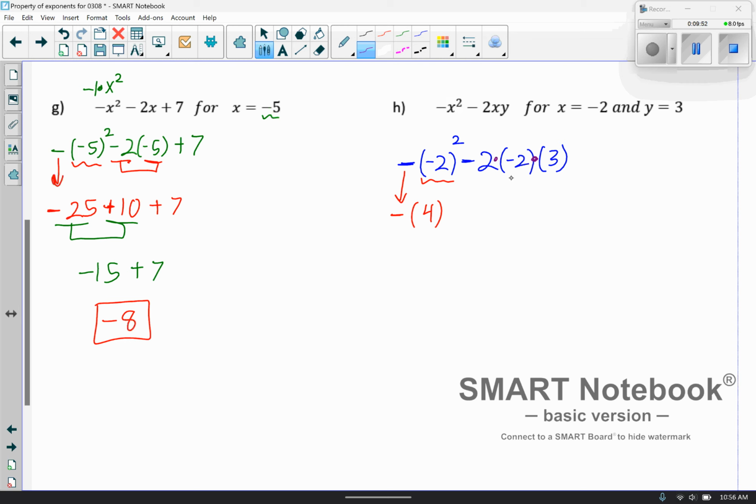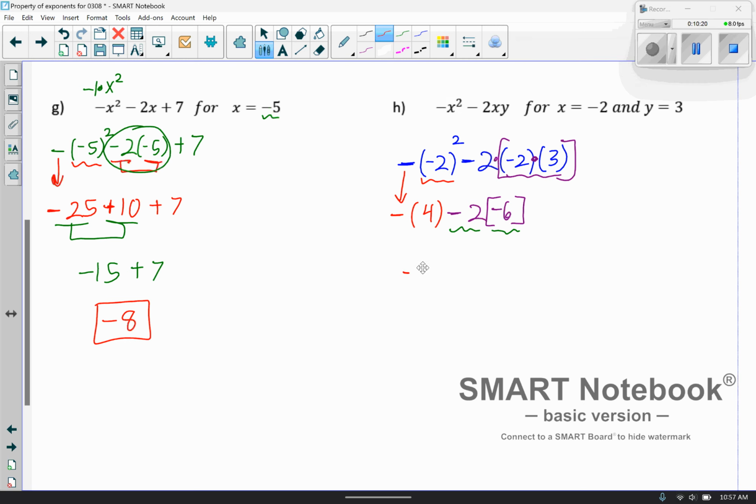So I'm just going to multiply the back two first, actually. So I'm still going to have my minus 2, and then when I multiply this together, negative 2 times a negative 3, that'll become a negative 6. Okay? And so then next, now I need to multiply the minus 2 and the negative 6 together. So once again, kind of like what I had over here, I'm going to have those double negatives being multiplied together.